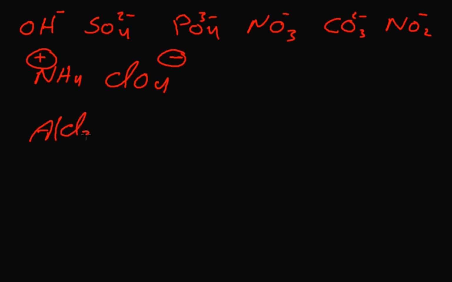Something like AlCl3. We already know that the oxidation state of the aluminium is +3, and this compound should equal 0 as a net charge. Then each chlorine atom, or here in the anion form, each chloride anion should be -1.